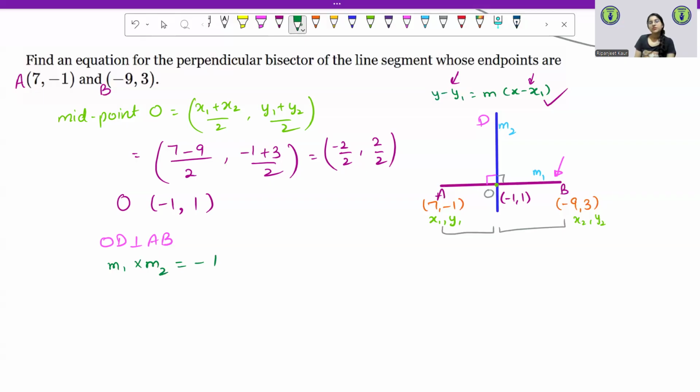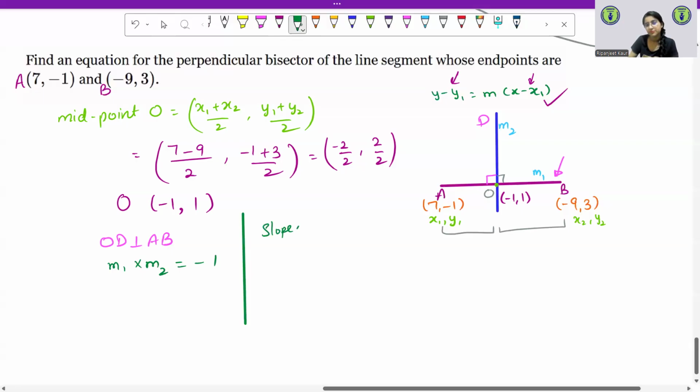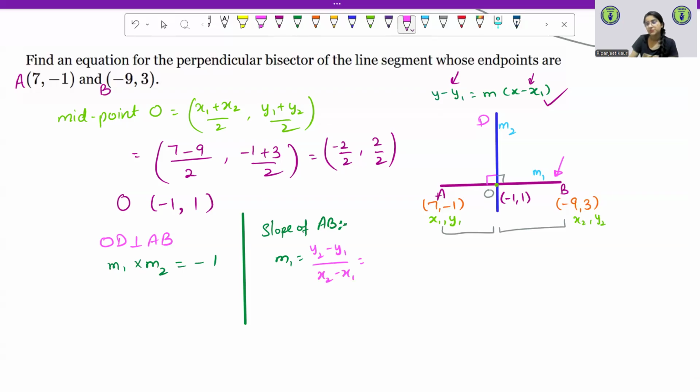Great. For that, we should be knowing what is the slope of AB. So what is the slope of AB? (y2 minus y1) over (x2 minus x1), which is 3 minus negative 1 over negative 9 minus 7, which gives us 3 plus 1 over negative 9 minus 7, which is negative 16.